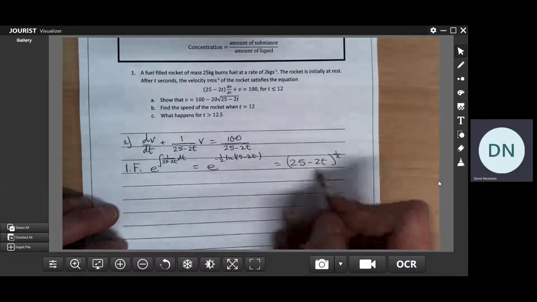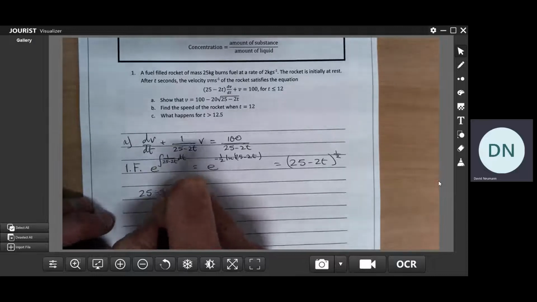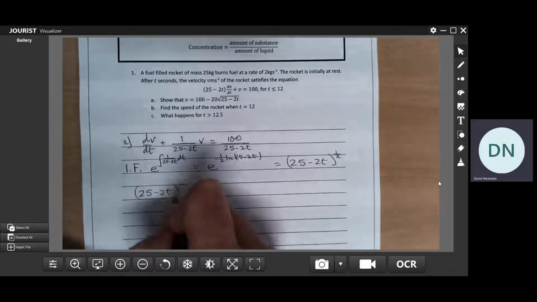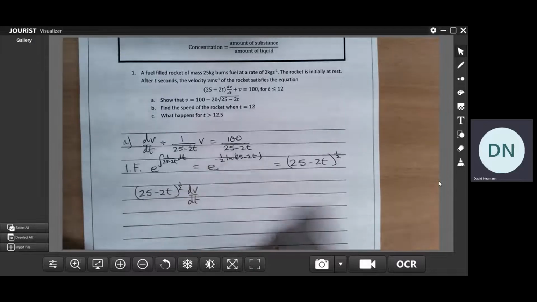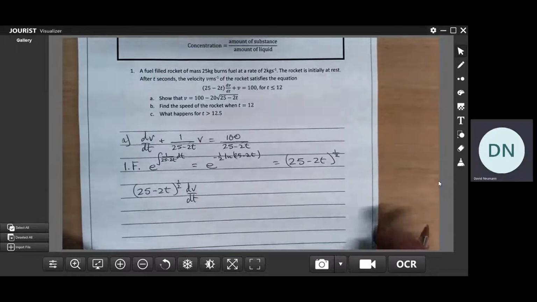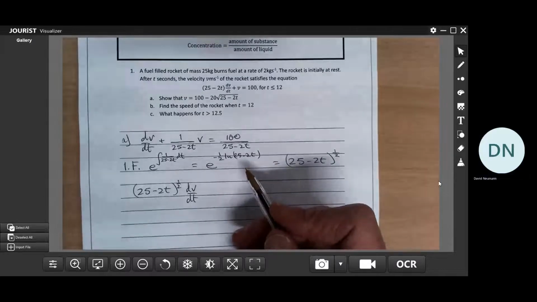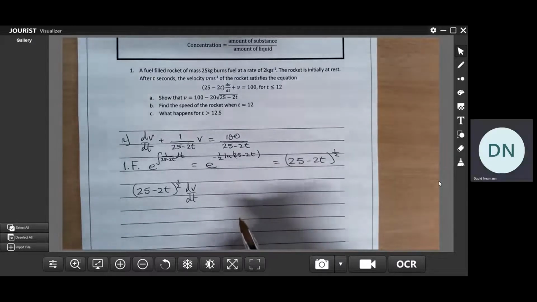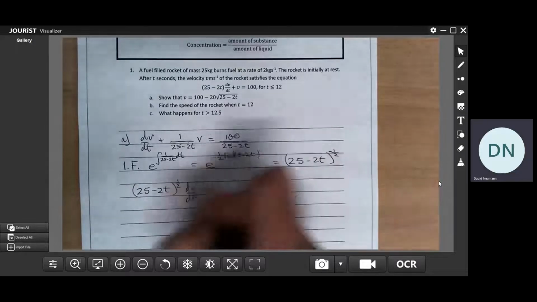So we're going to multiply through by this integrating factor, so we get 25 minus 2t to the power of a half dv by dt. Sorry, that should be minus a half. There we are. I knew there was something wrong there.